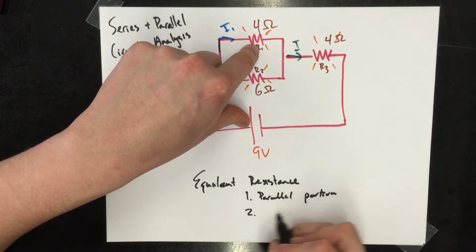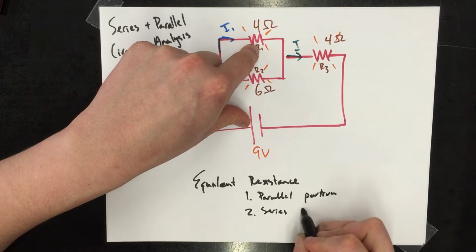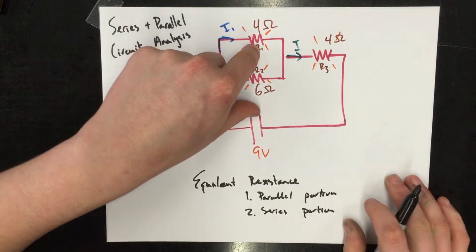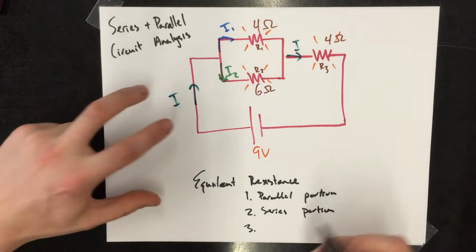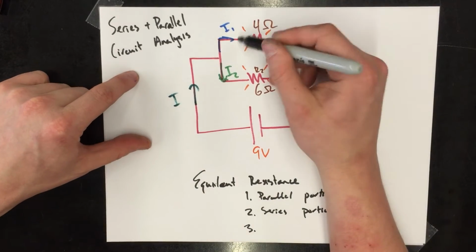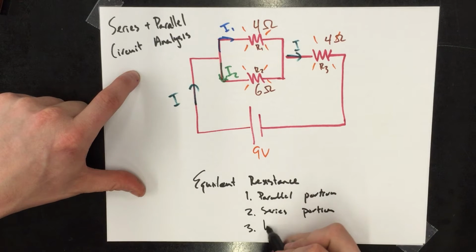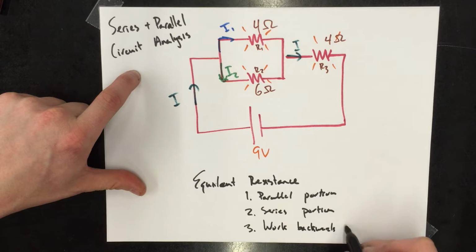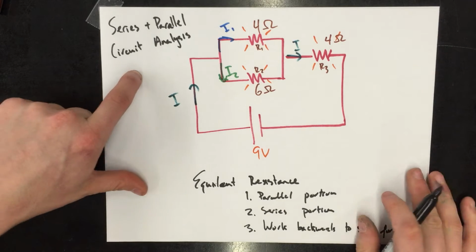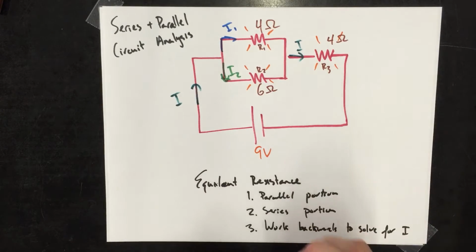So then I'll have to do it for the series portion. Then finally, I will work backwards to solve for the current through each resistor.